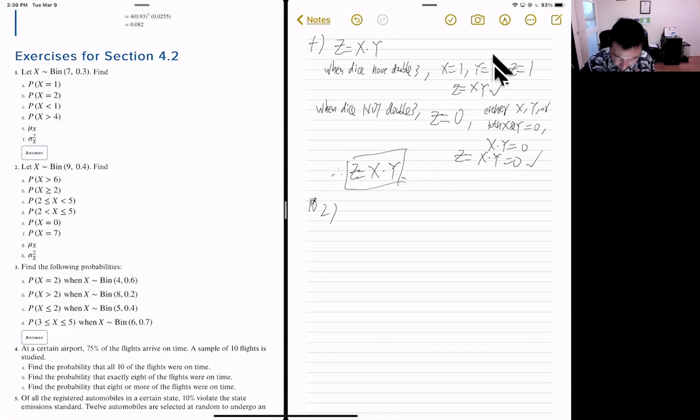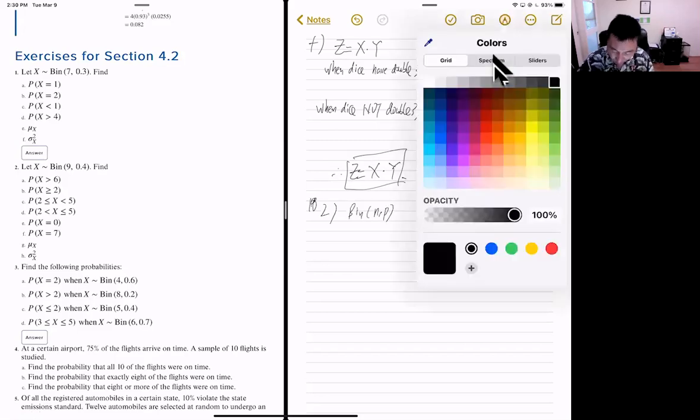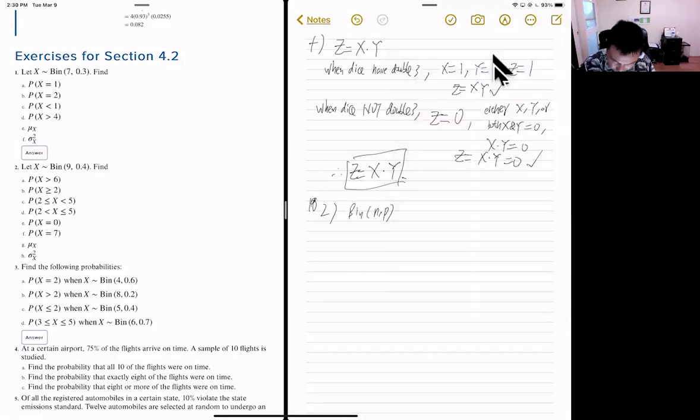Binomial has 2 parameters, n and p. The probability mass function, so Px, is equal to this.